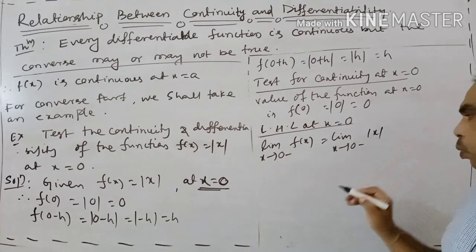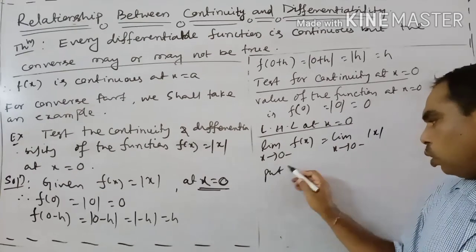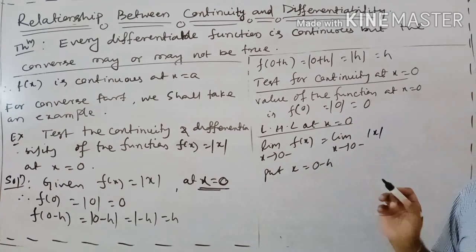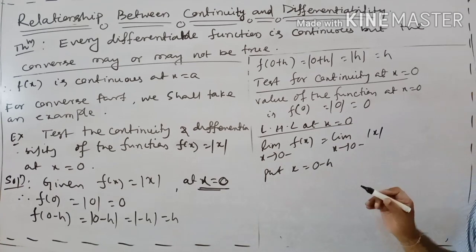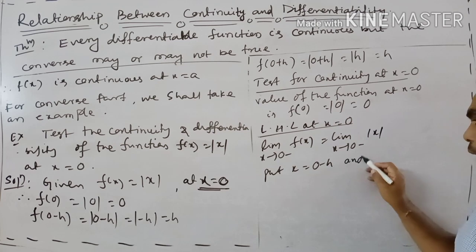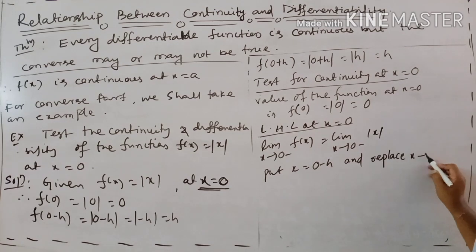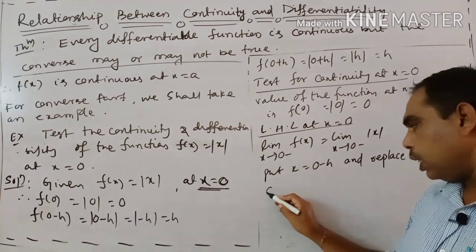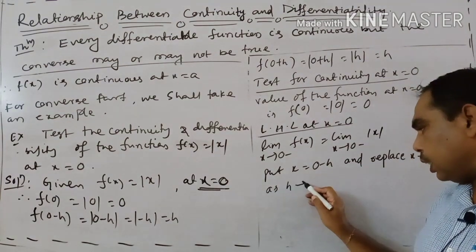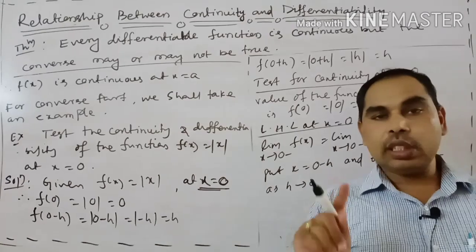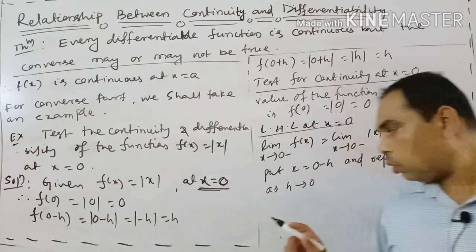Put x is equal to 0 minus h and replace x tends to 0 minus as h tends to 0.